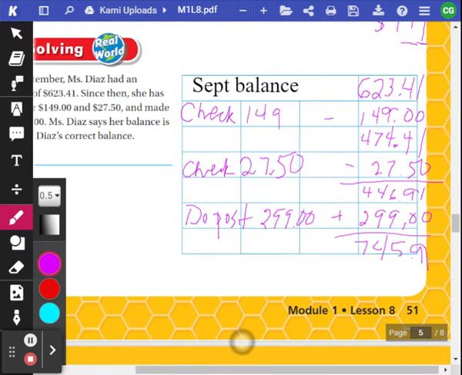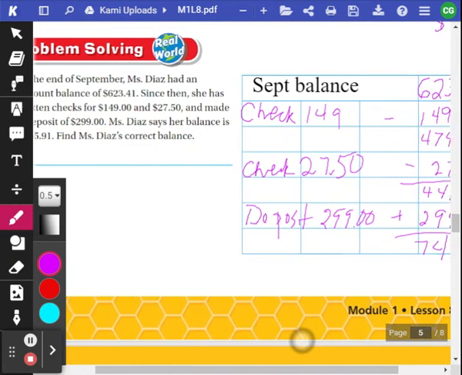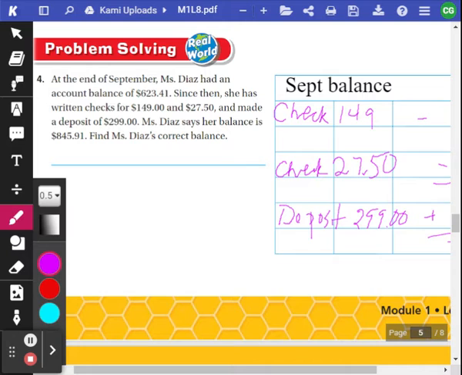Did I mess up someplace? Oh, look how far off. So she said it was $845.91.